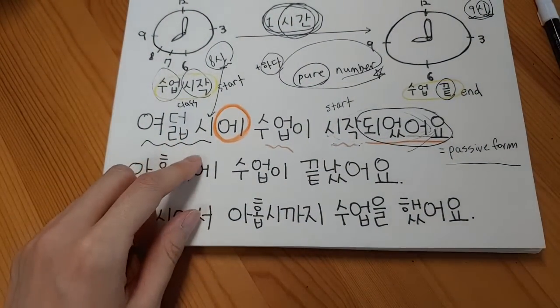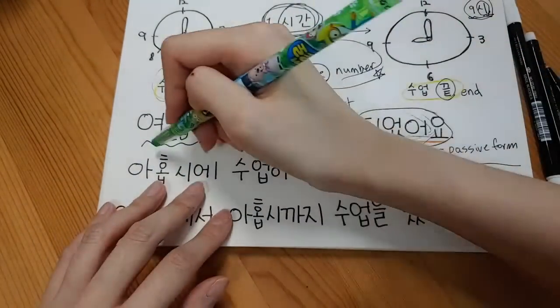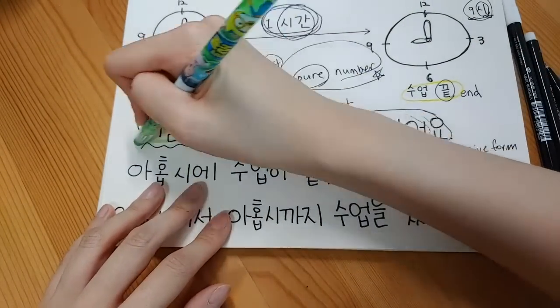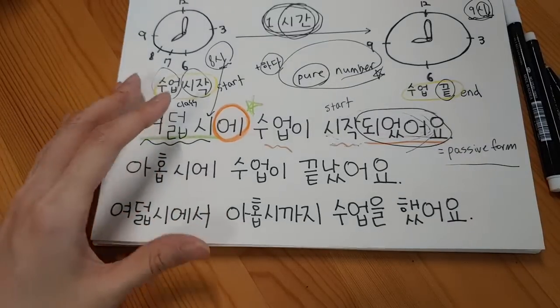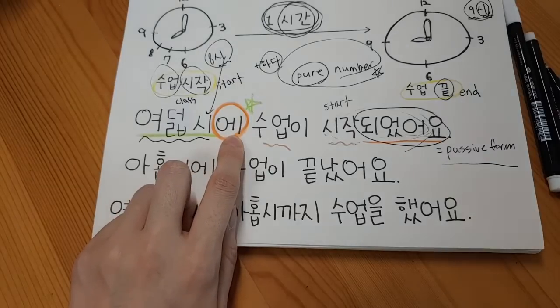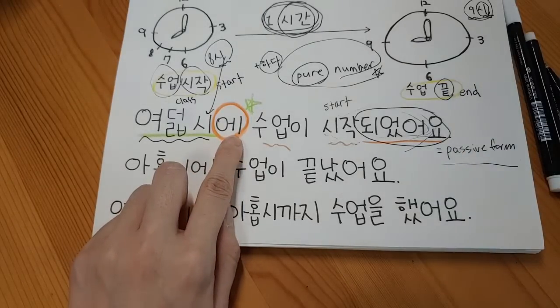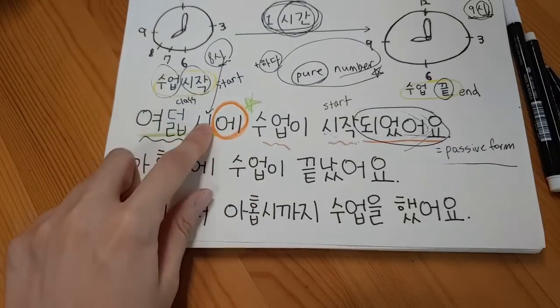And the focus here is that a particle is used after the time noun, right? So here we can guess that 에 can be placed not only after a place noun, but also after the time noun to mean at that certain time.